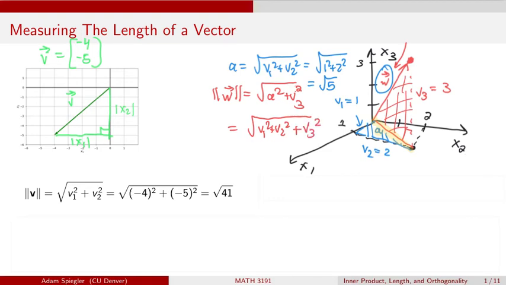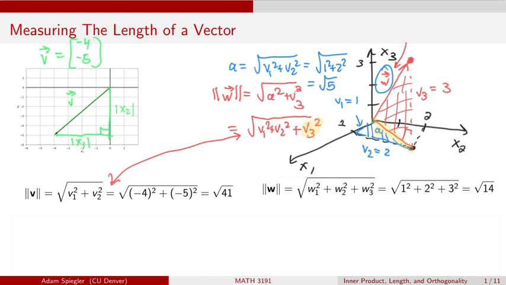So we can see here, if I'm calculating the magnitude of a three-dimensional vector, we have a very similar formula as what we had for the two-dimensional case, except now we have one additional dimension that we need to consider. So let me summarize this calculation down below: the magnitude, the length of vector w is going to equal the square root of w1 squared plus w2 squared plus w3 squared.